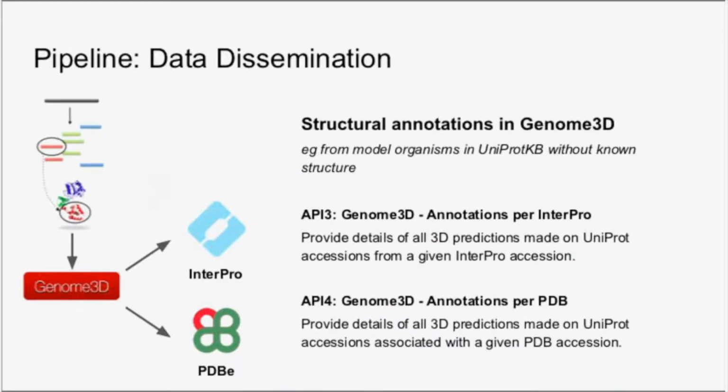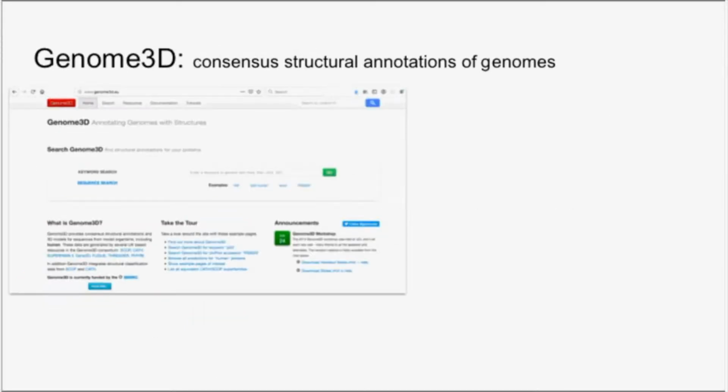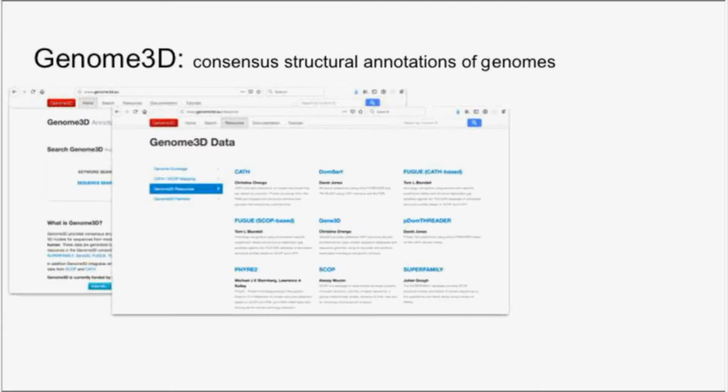Lovely, thank you. So that was covering the first bit of the pipeline, and now talking about where the data goes afterwards, which is another important part. It first goes into this repository of structural predictions called Genome 3D, an organisation that already existed.